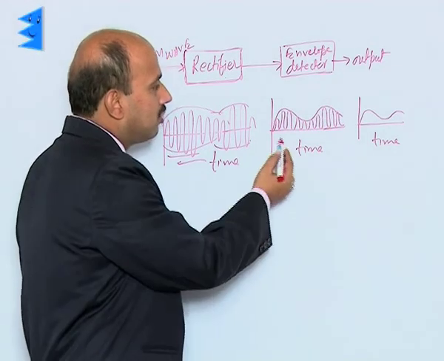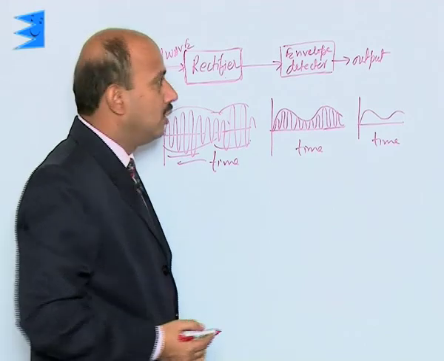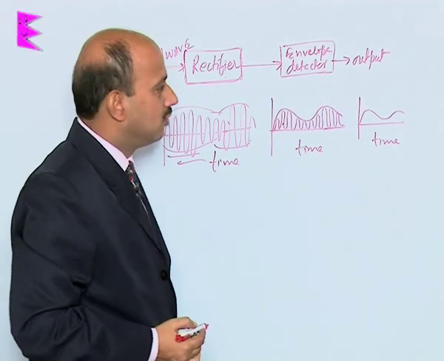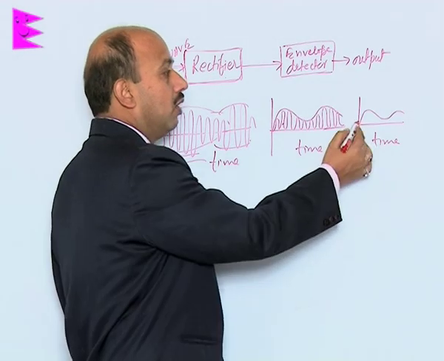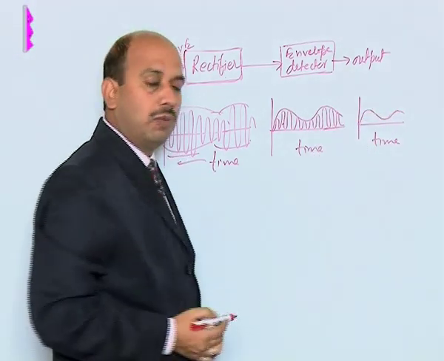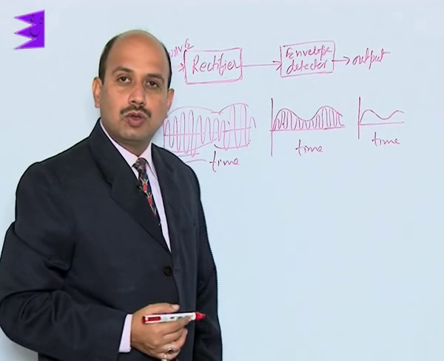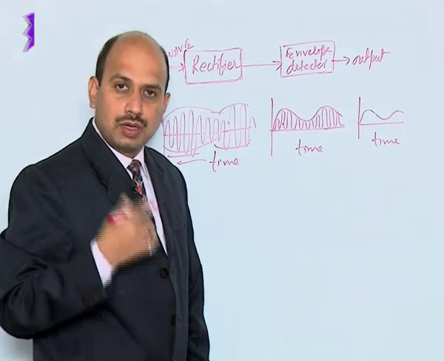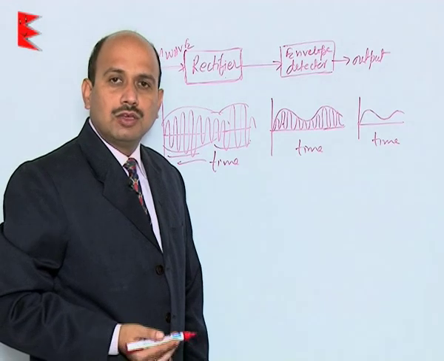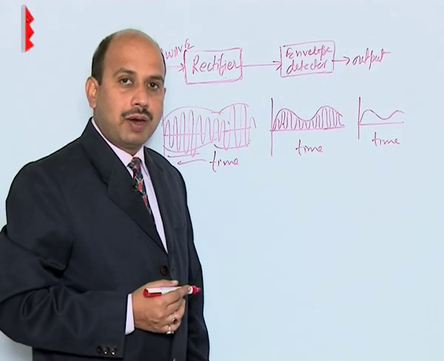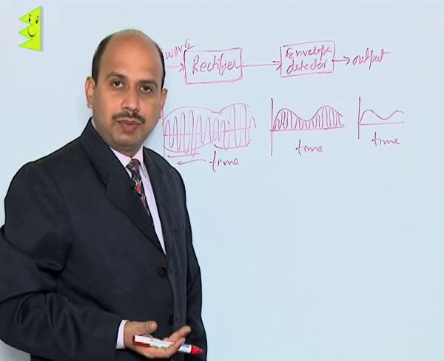Then there is an envelope detector, the signal goes there, and finally we get the output. Here the separation of the low frequency signal from the high frequency signal takes place. This process is also referred to as demodulation, so at the detector part demodulation takes place.